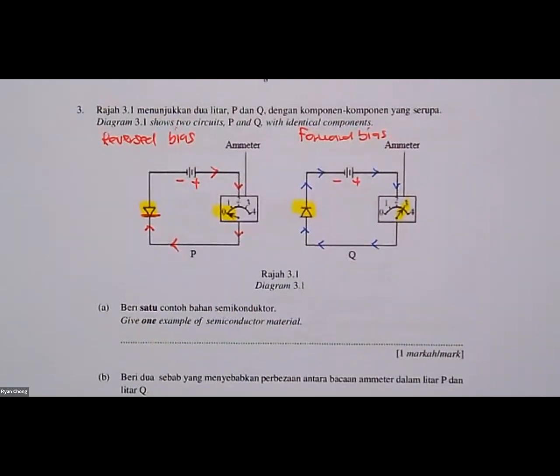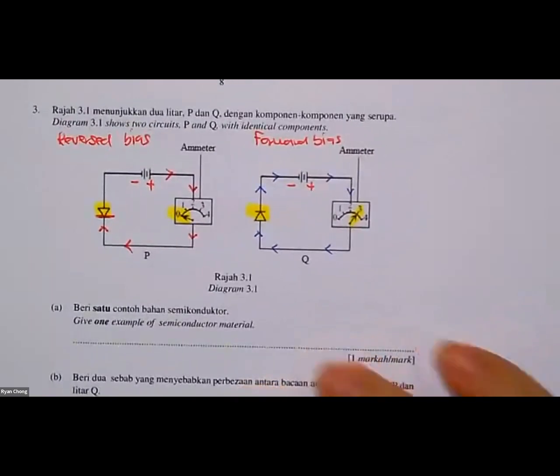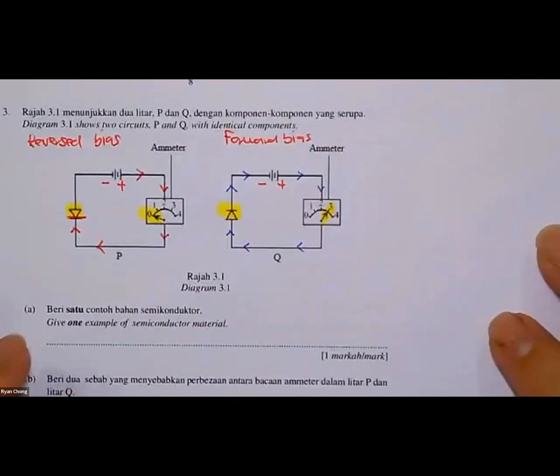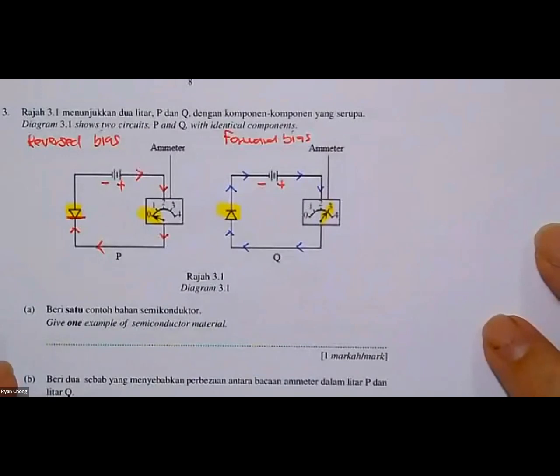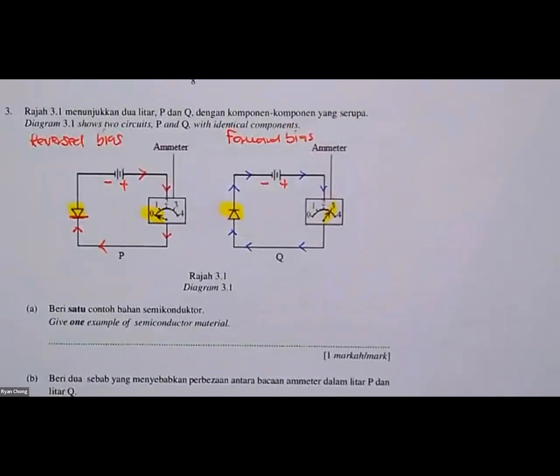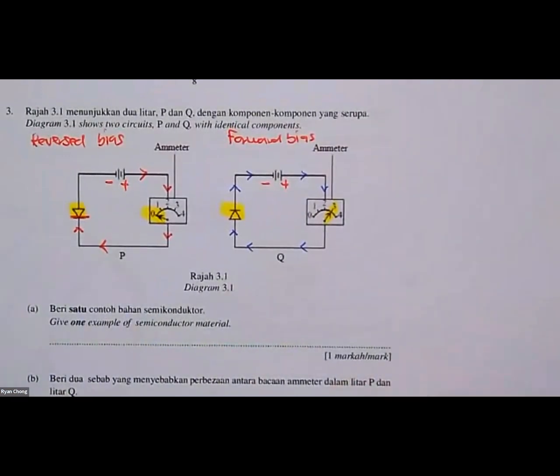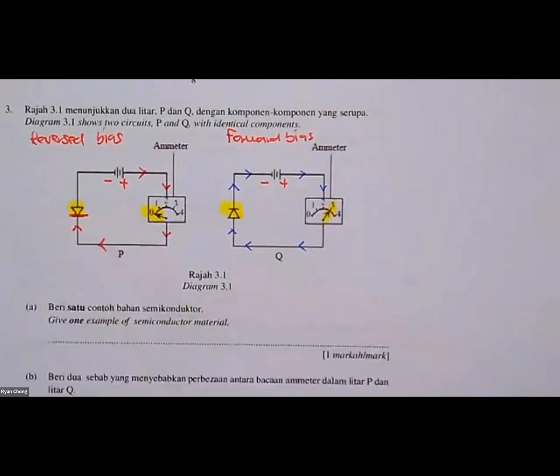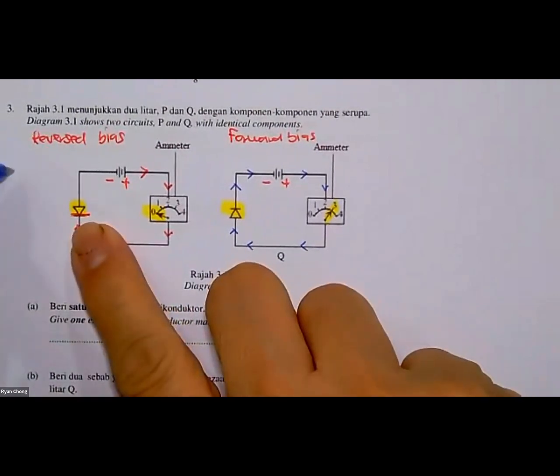Here a student asks, teacher, how do we know what happened inside the diode? How do we know whether it is forward bias or reverse bias? Very simple. For your diode, you have to know its connection.